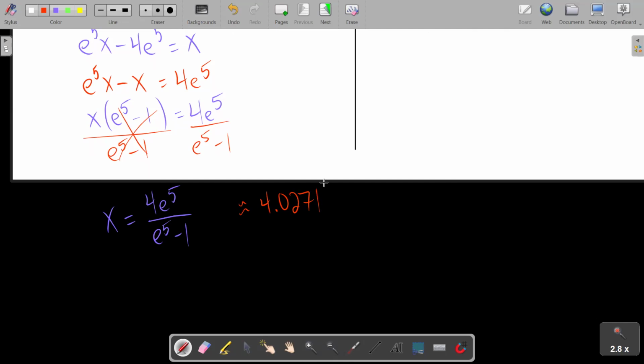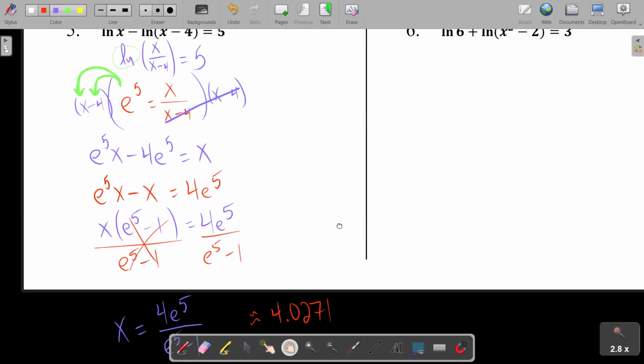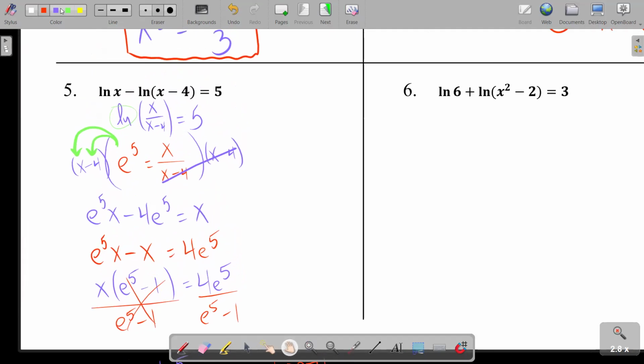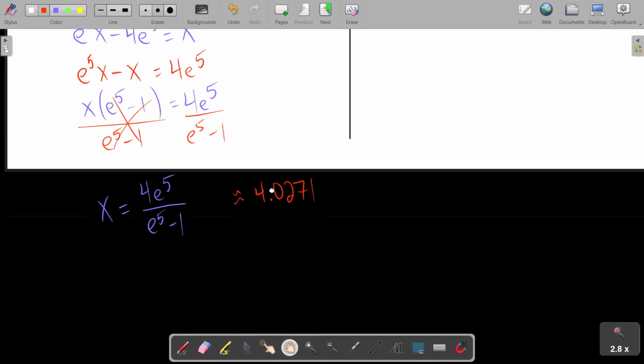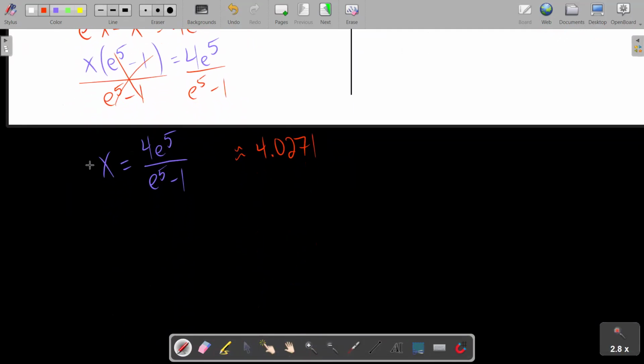There's more decimal places, but that should be detailed enough that when you go put that back up in the original problem, right up here where this red arrow is pointing, the fact that it's 4 point something means that if I do that minus 4, this argument of this log stays positive, and this first one is obviously positive. And so I'm going to take this answer and commit to it and say this works. So that gets a box.